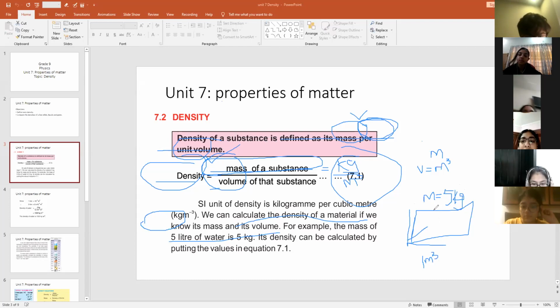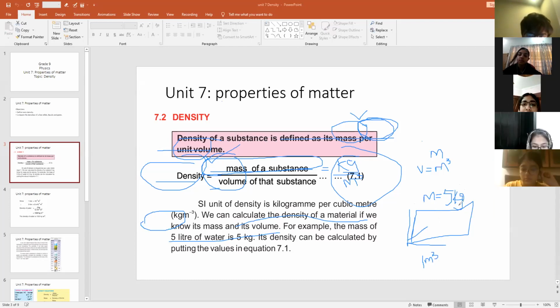So for this wooden block, we can calculate 5 kg by 1 meter cube. That is equal to 5 kg per meter cube. That is the density of the wooden block. So we can easily calculate the density with the help of the parameters mass and volume. The mass and volume are known, so we can easily calculate the density of any object. We can also compare the densities of many objects with the help of this formula if we know the mass and volume.